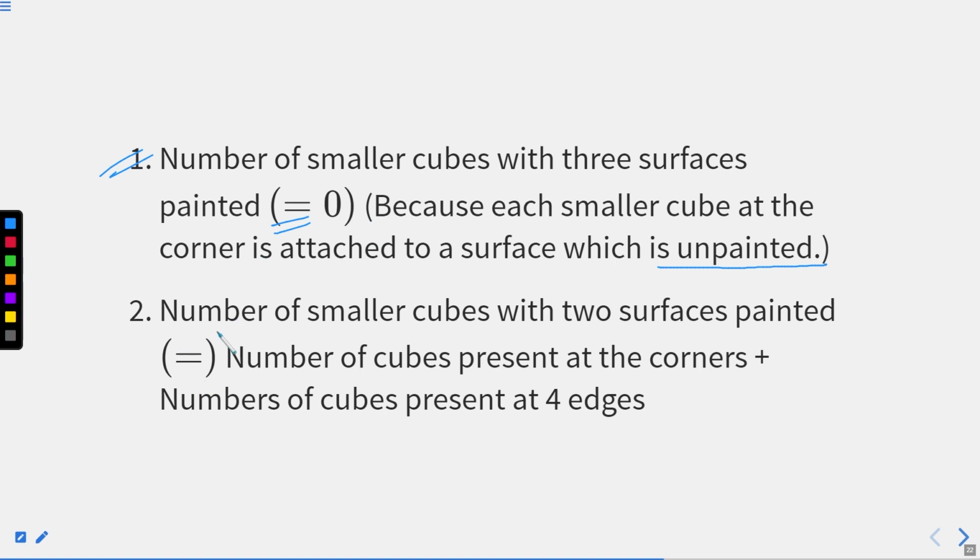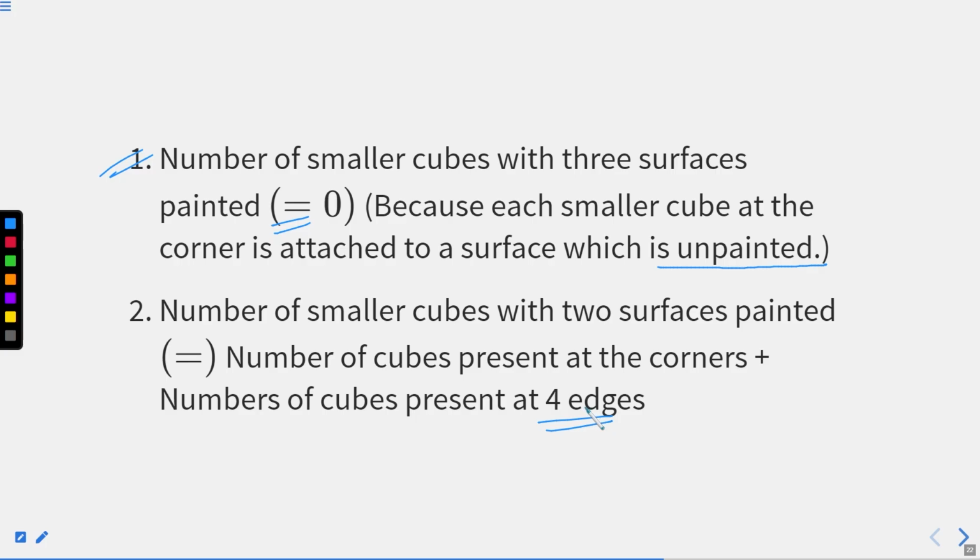Now, second is the number of smaller cubes with 2 surfaces painted, which is equal to the cubes present at the corner plus the cubes present at the 4 edges. Why am I talking about 4 edges?